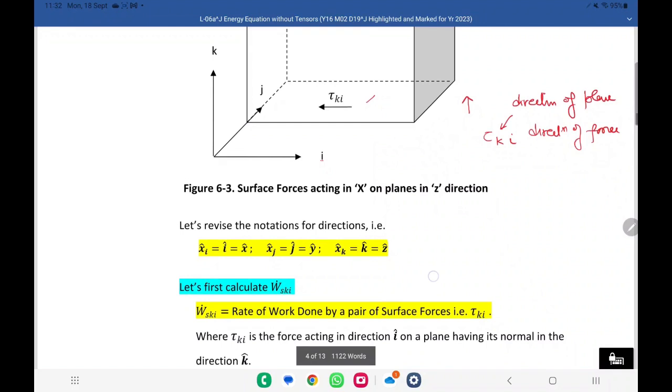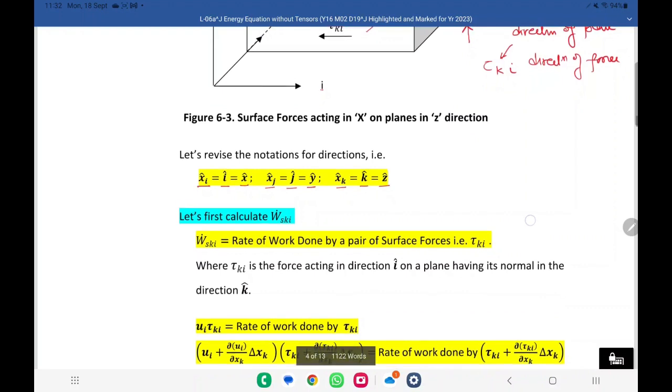Now we will be using these conventions that xi, if you put a cap on this, it's an i vector, and it is also written as x vector, xj, j or y, xk, k or z. You can use any one of them. This is the normal practice to use it.